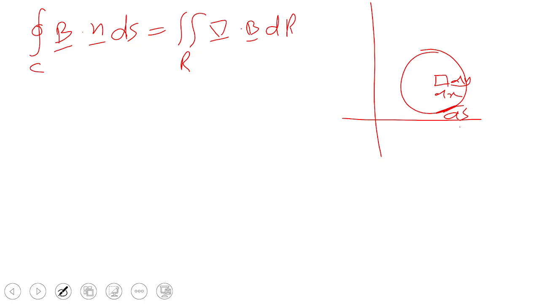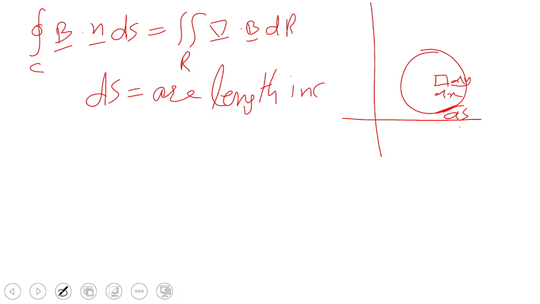So, I will write ds is arc length increment, and dr is area increment, this areal increment.